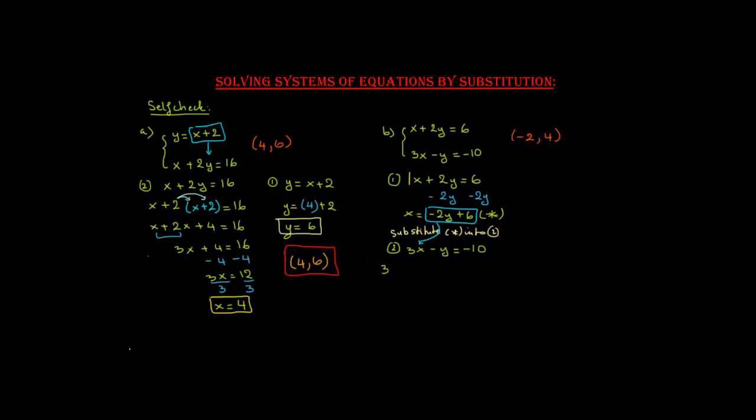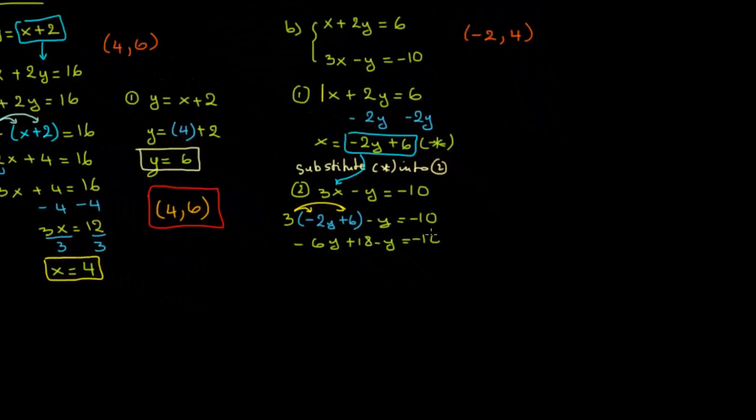So we have 3 times (-2y plus 6) minus y equals -10. We're going to distribute 3 into the parentheses. That gives me -6y plus 18 minus y equals -10.